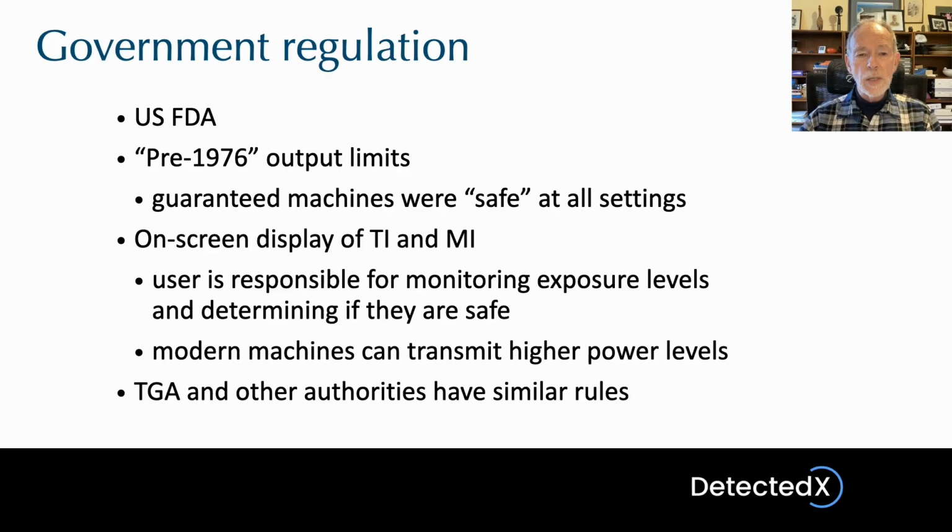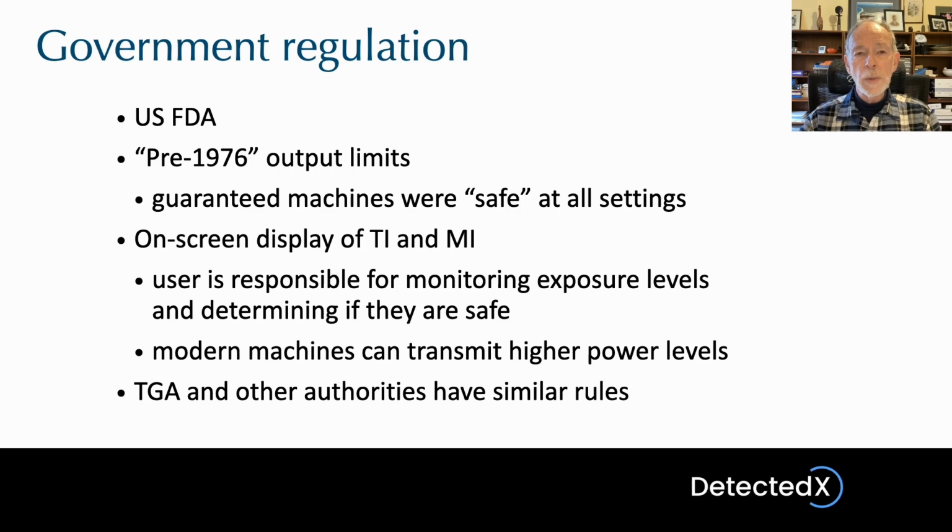One of the consequences of this new approach is that modern machines can transmit significantly higher power levels than the machines dating back to the pre-1976 standard. So modern equipment is more powerful. One of the clinical needs driving that is the increasing obesity of the population. I have spoken about the US and the FDA because they were the first to move on this issue.